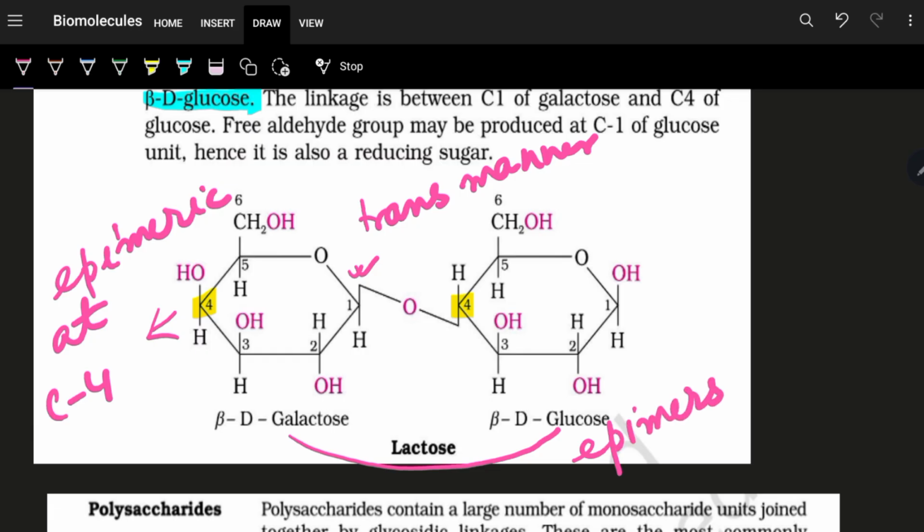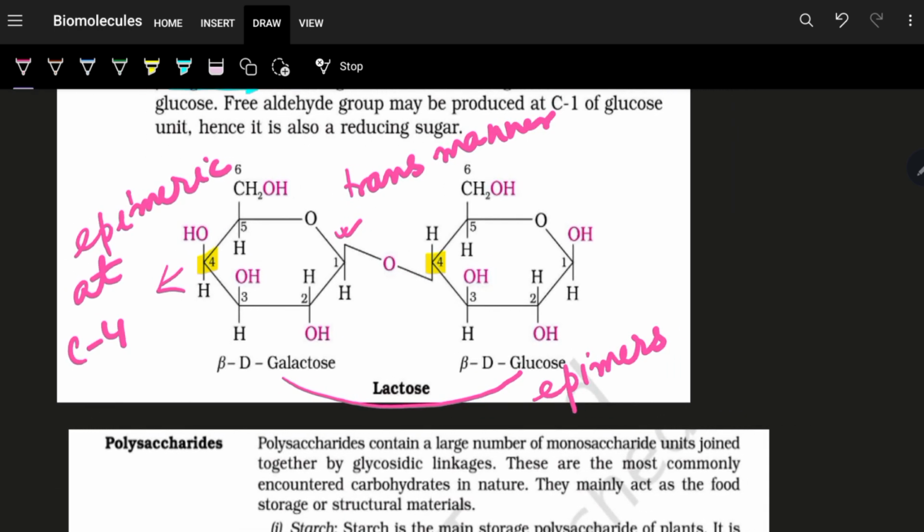We have seen what are anomers. Now what are epimers? Other than the anomeric carbon, if there is any other position where the configuration is getting altered, that means the configuration is getting altered in such a position which is not the anomeric carbon, not the anomeric position, in that case they are epimers.